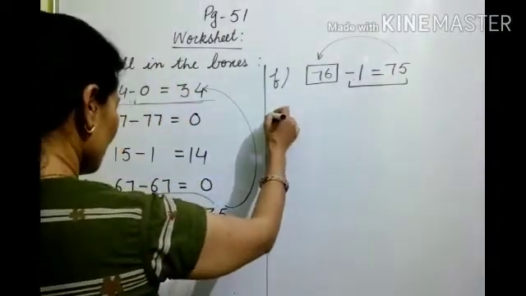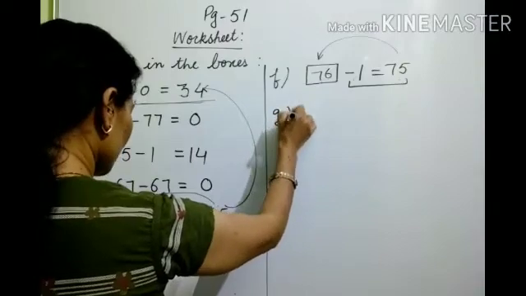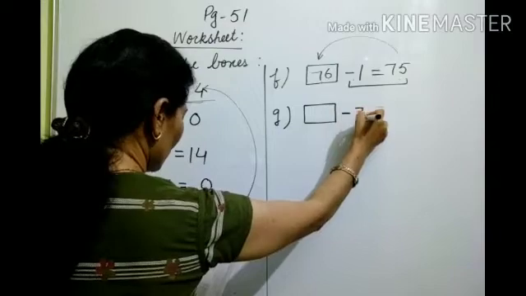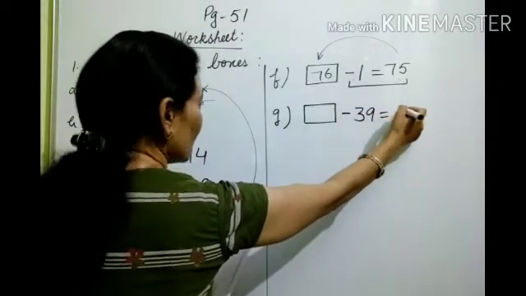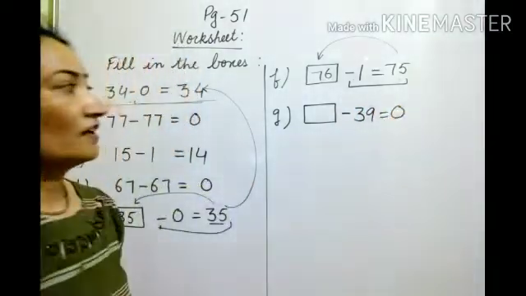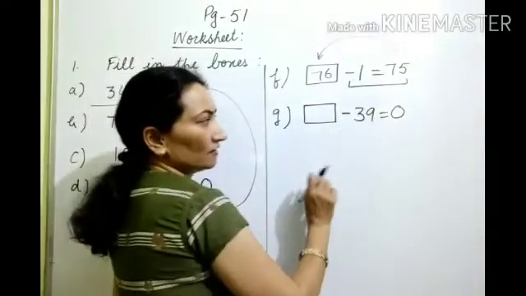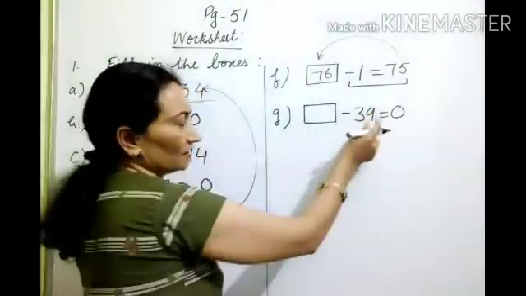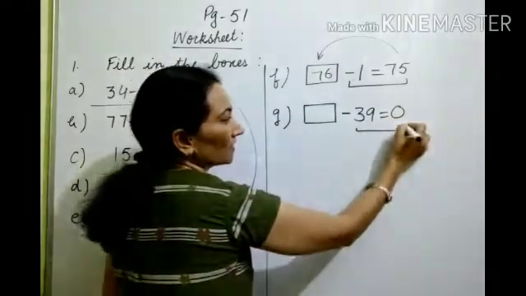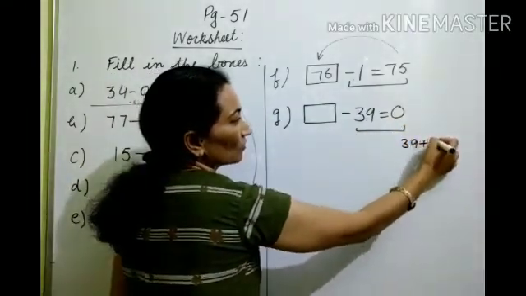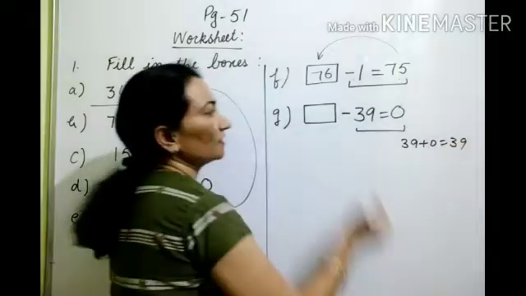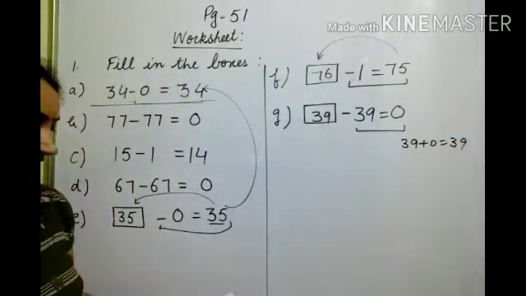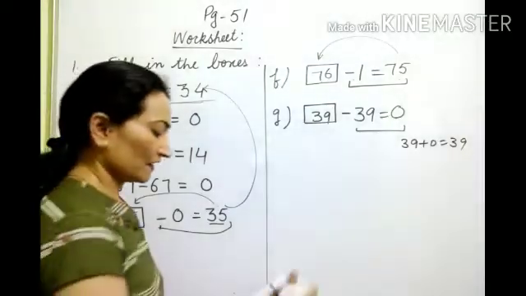Now next take G part. One blank box is given and the answer is given. One number is given. Now we have to find the first number. Again we will do the same. We will add these two, 39 plus 0, which will be 39. So you will write 39 in the blank box.